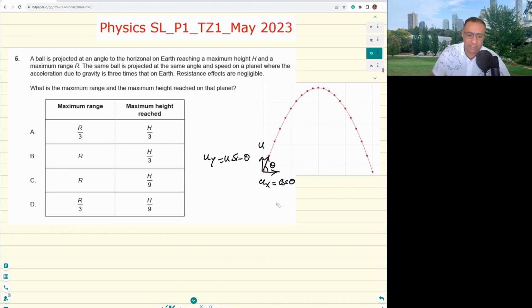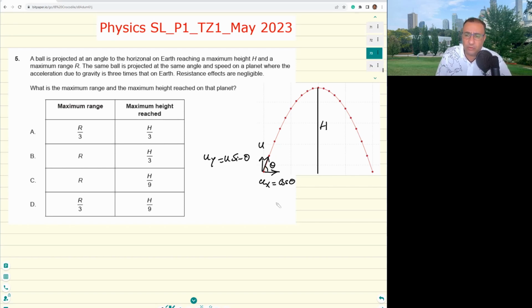So the maximum height, which we are going to find out now. In the vertical direction, we're going to use kinematic equations of motion because we have gravity. Let's say this is h.